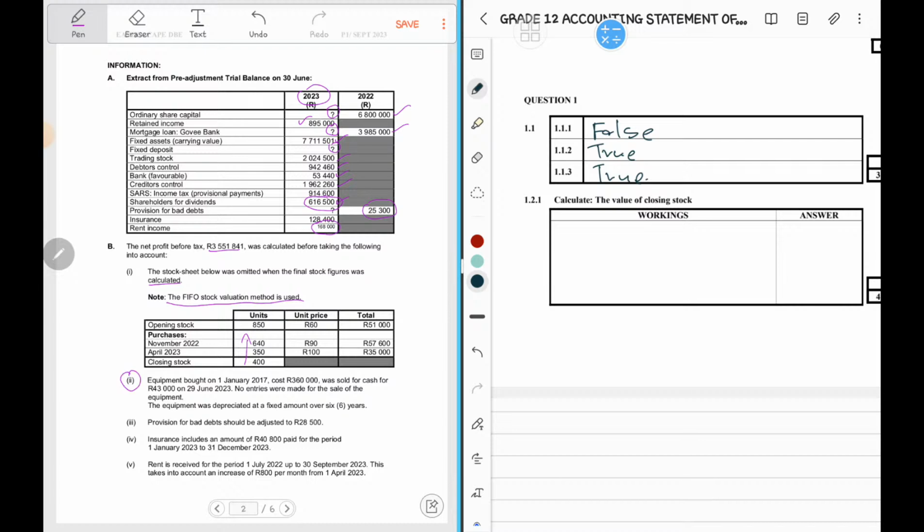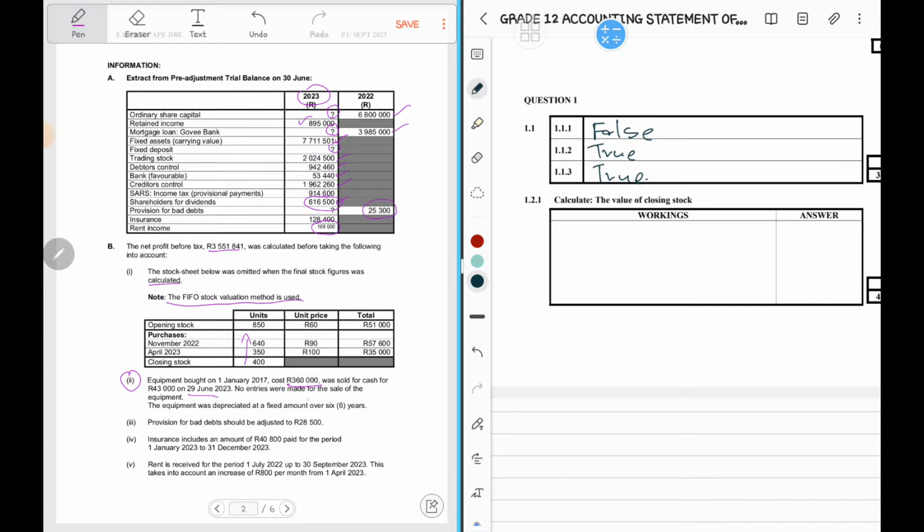Then Roman figure number 2, we are given an adjustment that the equipment was bought on the 1st of January 2017. Interesting. The cost price was 360,000. Then we are being told that it was sold for cash for 43,000 rand on the 29th of June 2023, almost a day before the year end.